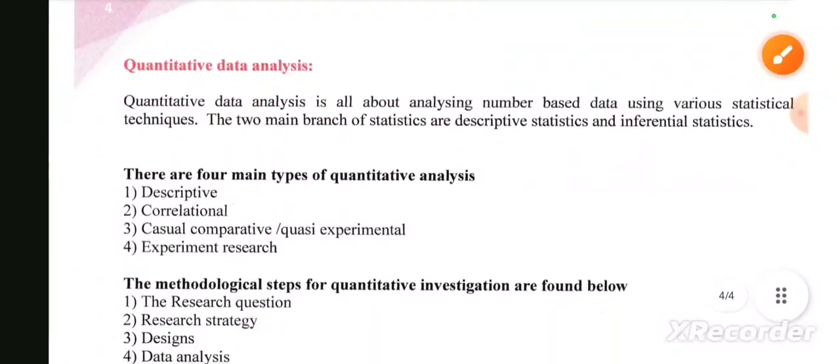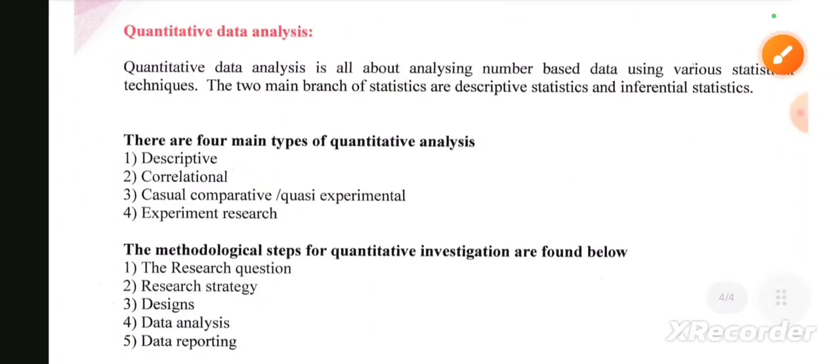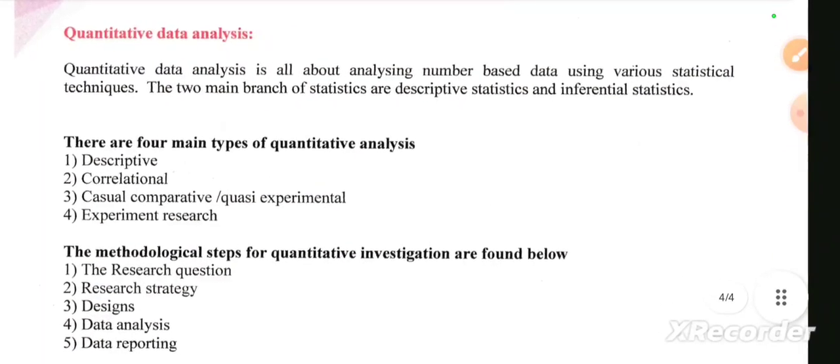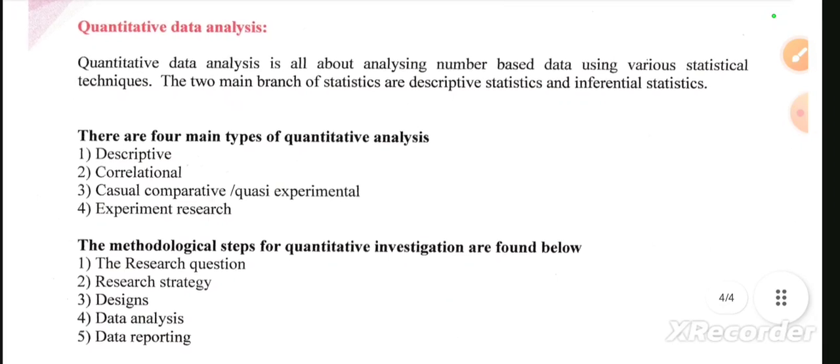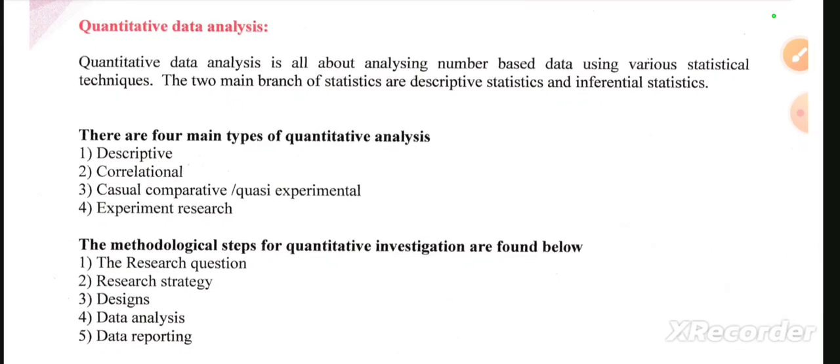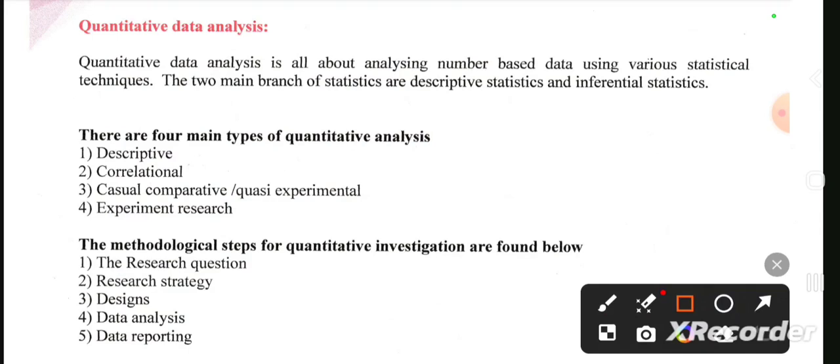Now we come to the second way of analyzing data, in which we have numerical data. Quantitative data analysis is all about analyzing number-based data using various statistical techniques. There are two main branches of statistics, known as descriptive statistics and inferential statistics.